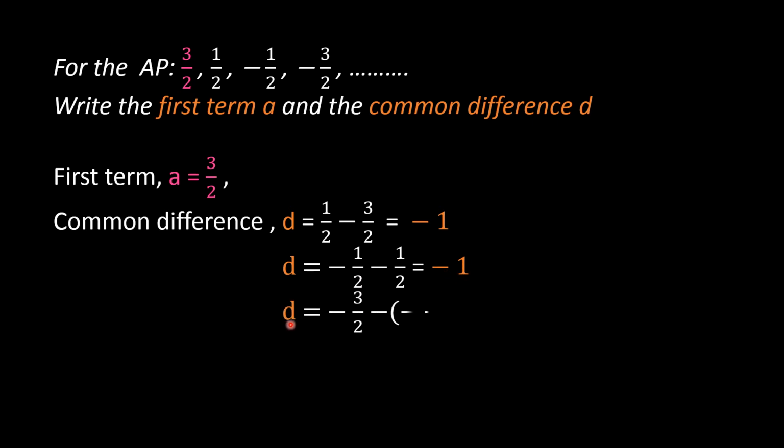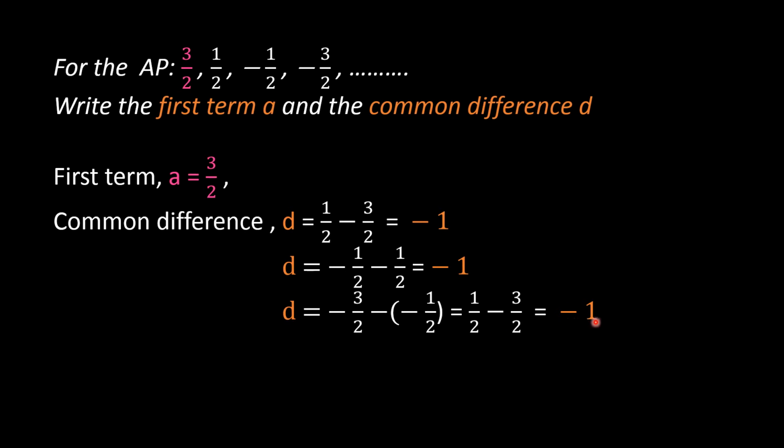Also, d equals minus 3 divided by 2 minus minus 1 divided by 2. Here minus of minus will become plus 1 divided by 2, and this 1 divided by 2 minus 3 divided by 2 gives us minus 1.